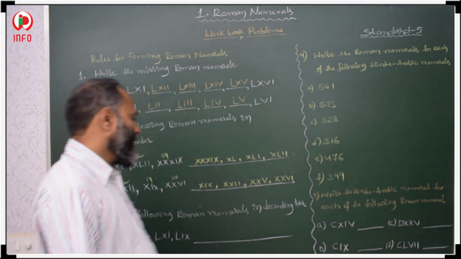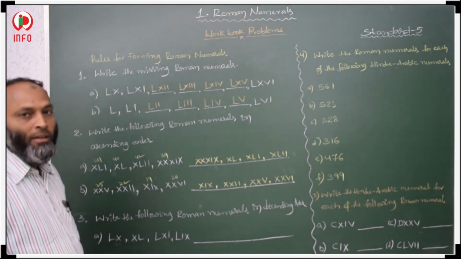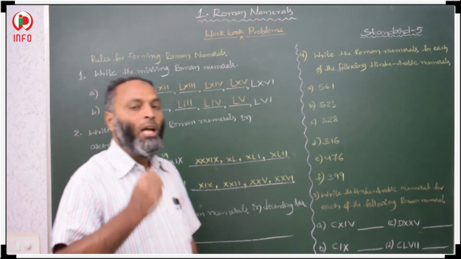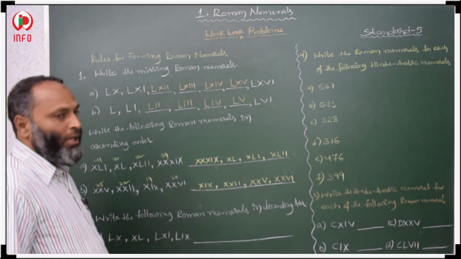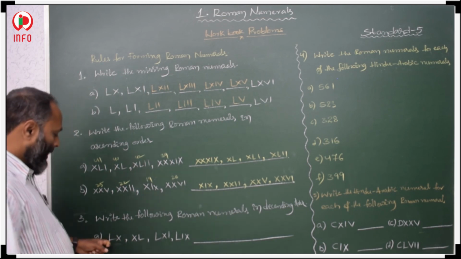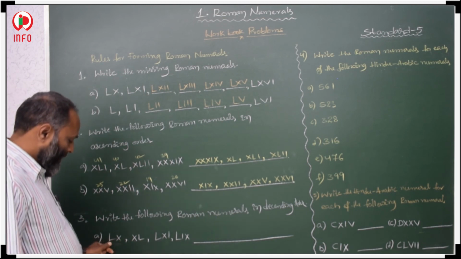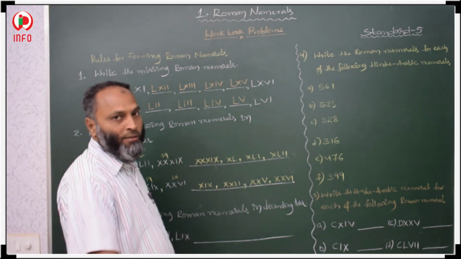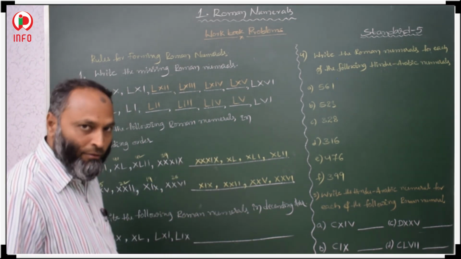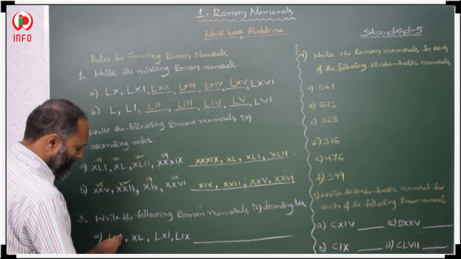The next question is descending order, decreasing order. Decreasing means first we take the bigger one. So first you convert the given values into Hindu-Arabic numerals. L is 50 and X is 10. The smaller Roman numeral is on the right side of the bigger one, so you add 50 plus 10, 60.